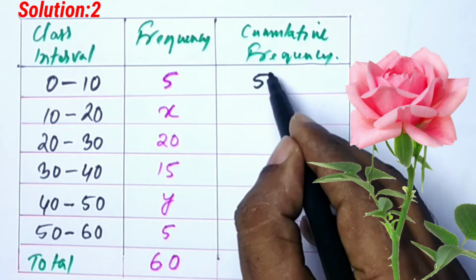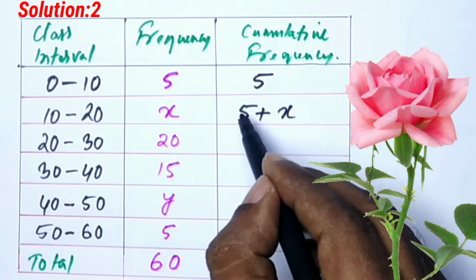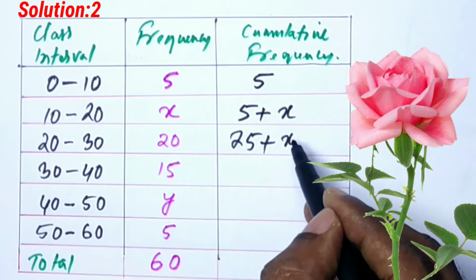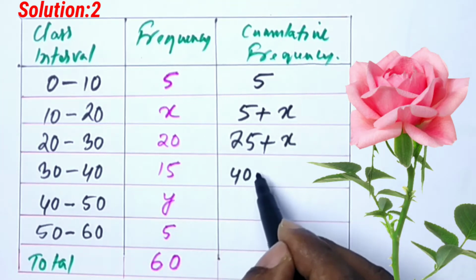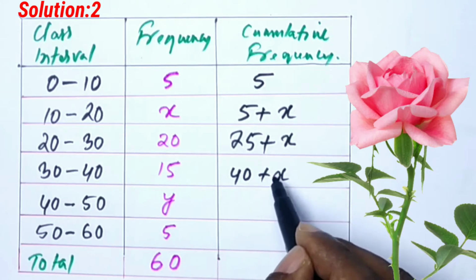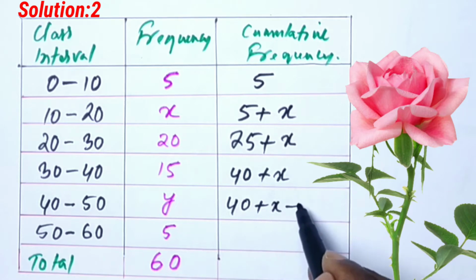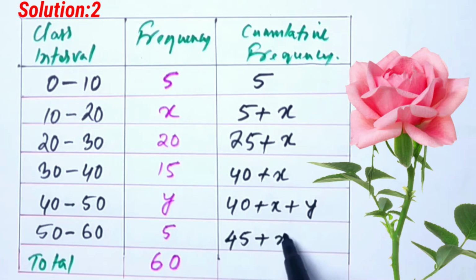So we write the cumulative frequency as 5 here, then 5 plus x, 5 plus 20 is 25 plus x, 25 plus 15 will be 40 plus x, then 40 plus x plus y, then 40 plus 5 is 45 plus x plus y.